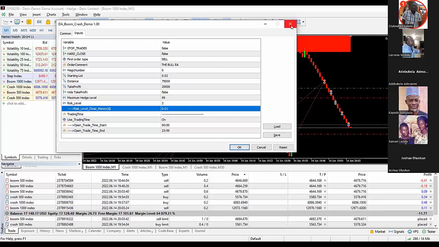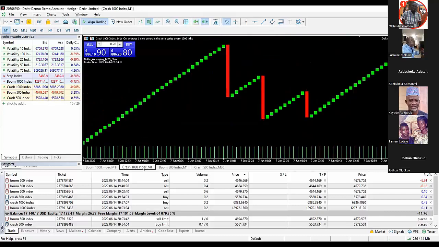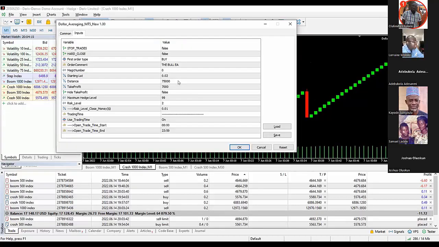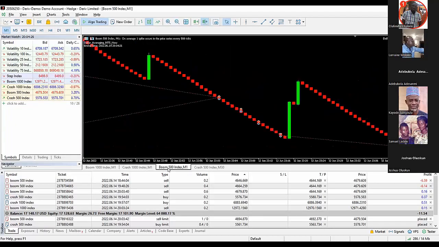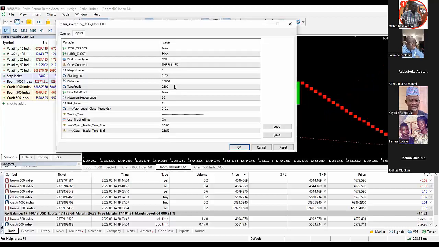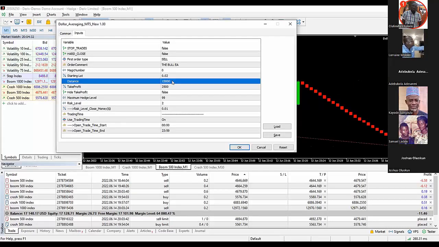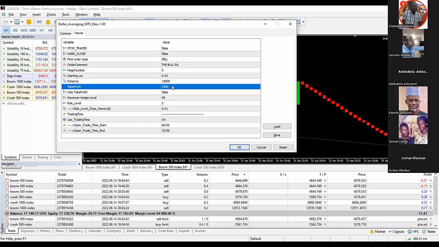Now, if you look at these settings, like I said, the settings I'm using here are not the settings that all of us are using. If you look at Crash 1000, it's 75,000 for distance and it's 7,000 for profit. And if you come to Boom 500, it's 15,000 pips for distance and 2,500 for take profit.